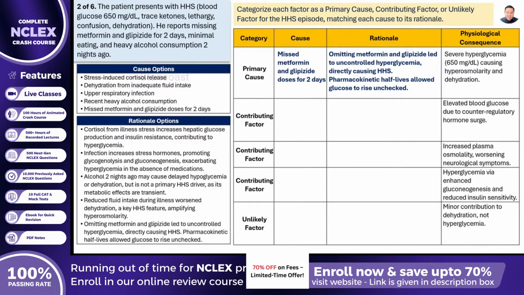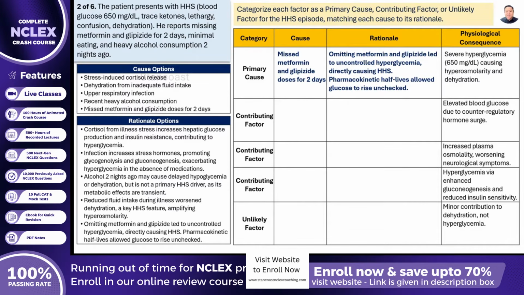And since he said that he missed taking these, the body lost its ability to manage glucose effectively, and that's why his blood sugar shot up to 650 milligrams per deciliter. This is going to cause the kidneys to flush all the extra glucose by making the patient pee a lot. So there's polyuria, and this is what we recall as osmotic diuresis.